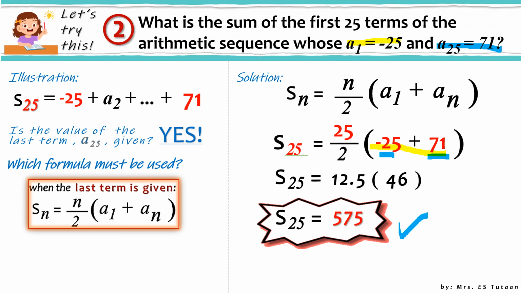Kung meron kayong time, kung kaya pa nang i-verify, you can do it by computing the common difference using the arithmetic sequence formula, and then i-verify nyo, isa-isahin yung mga terms hanggang sa 25th term at i-add lahat ng terms. At ito pa rin naman ang lalabas. So, that's how you use the formula of the arithmetic series.